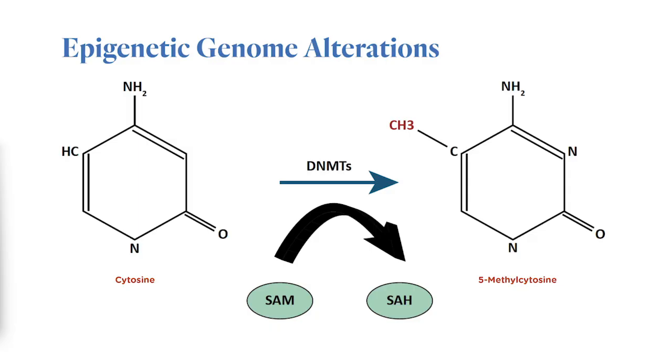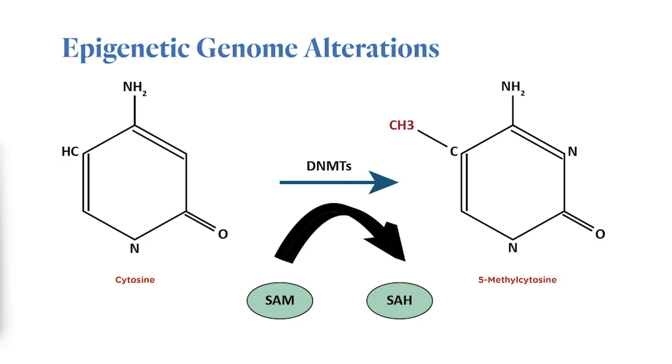The most important epigenetic change that can occur is DNA methylation, the addition of a CH3 or methyl group onto cytosine bases in DNA. The molecule that donates this methyl group is SAM, which we talked about earlier as a natural alkylating agent.